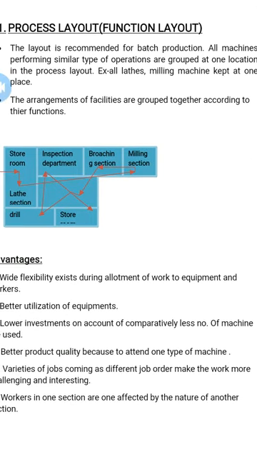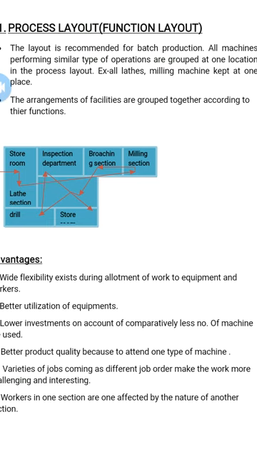The first type of layout is process layout. It is also known as function layout because this layout is done depending on the type of process. So all machines of one operation are located at one place. As shown in the diagram, all lathe machines are arranged in the lathe section.